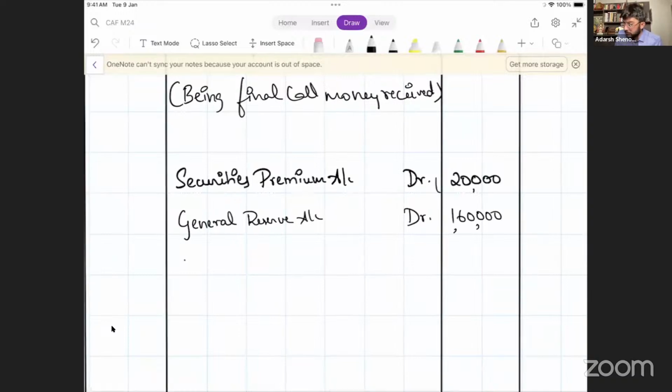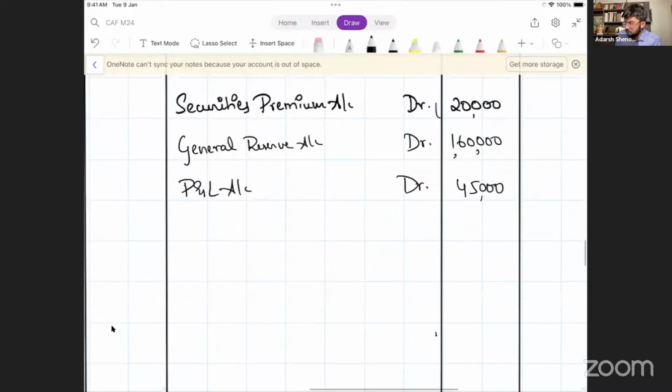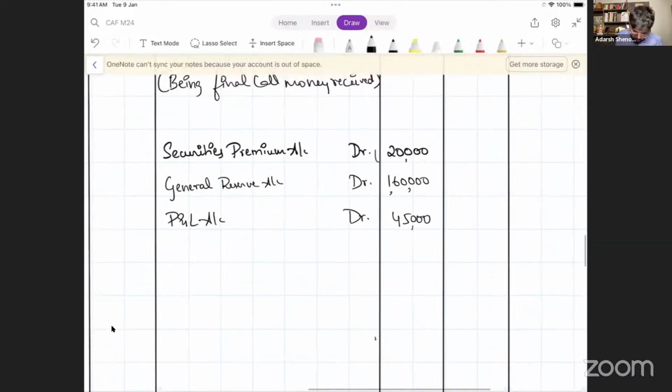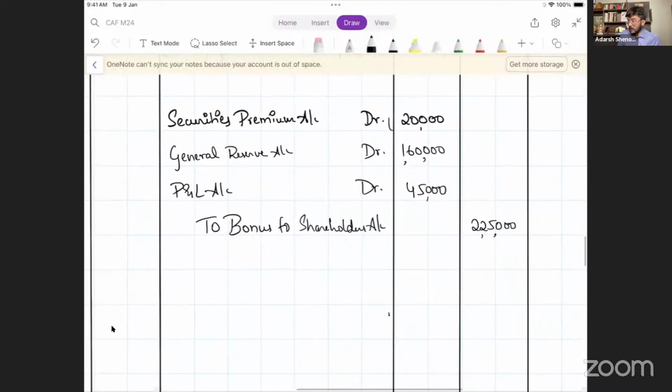Then I'm going to debit profit and loss account 45,000. To bonus to shareholders, 2,25,000.